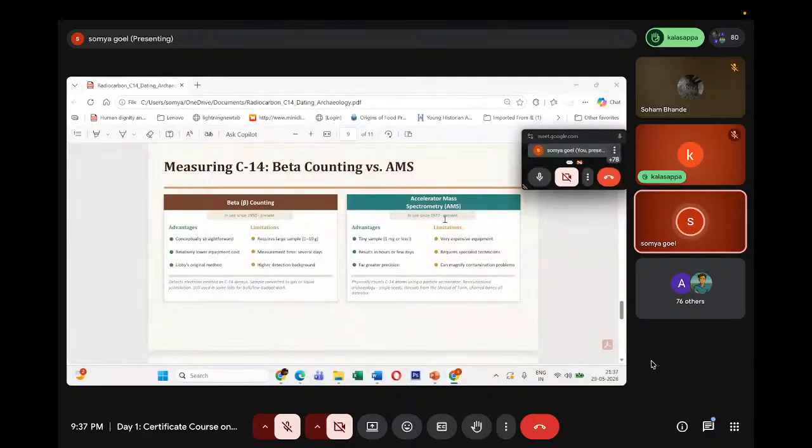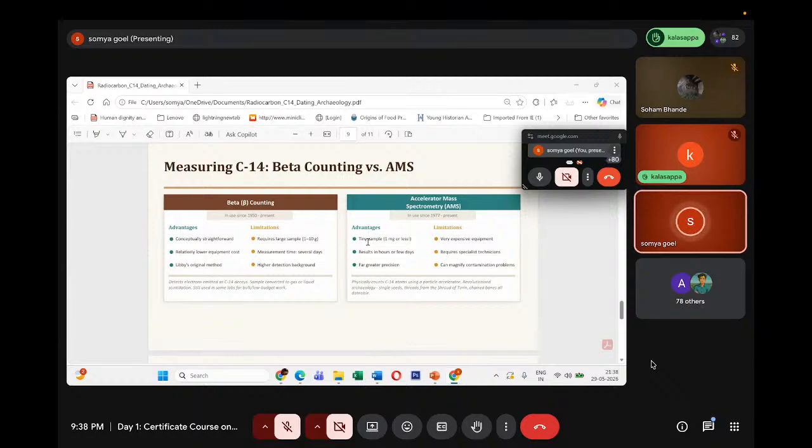The good aspect about this is that we don't need to recreate this entire process, and we also don't need a large amount of sample. The sample size is very small, it can be done on a single grain or a single seed as well. We just need 1 milligram or even less.